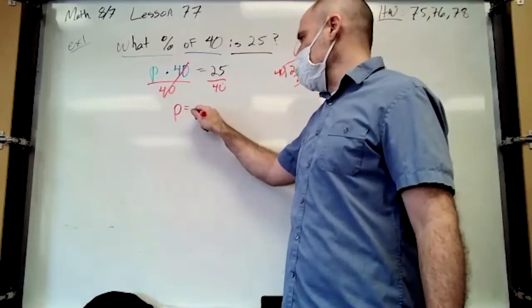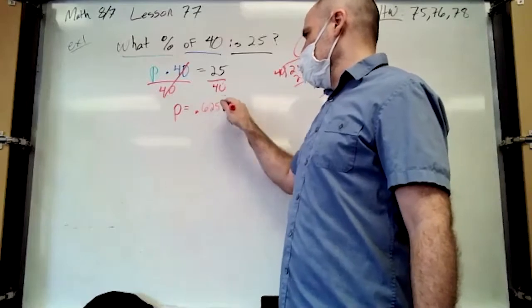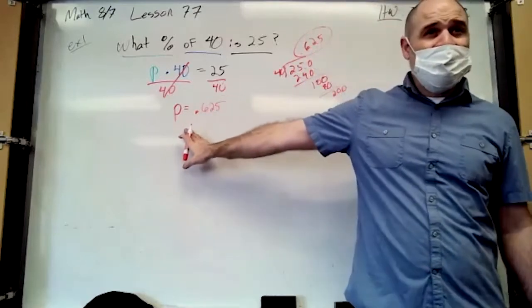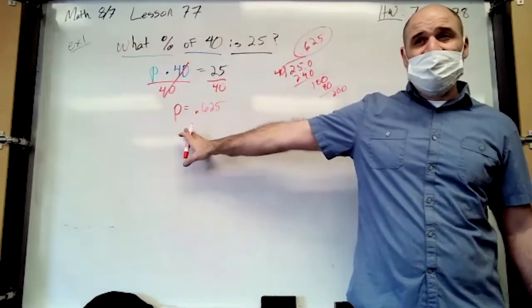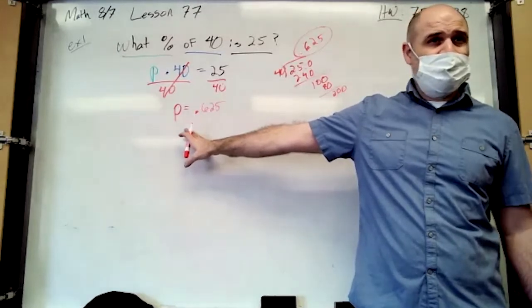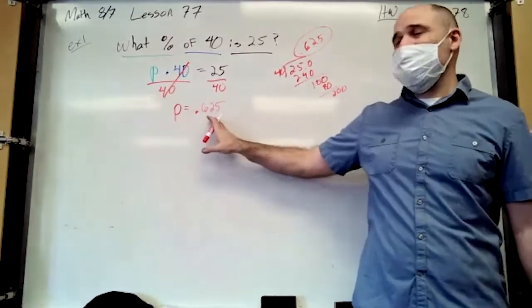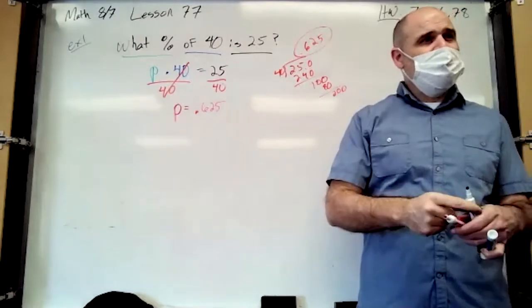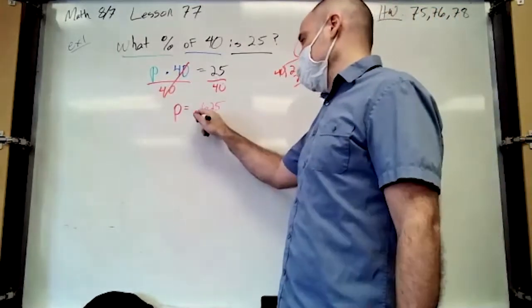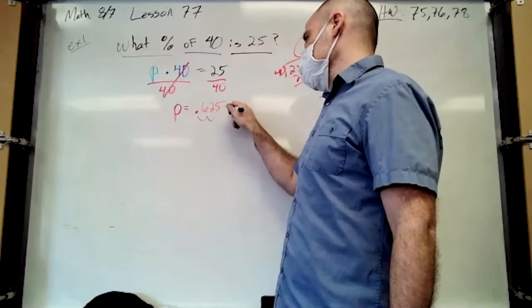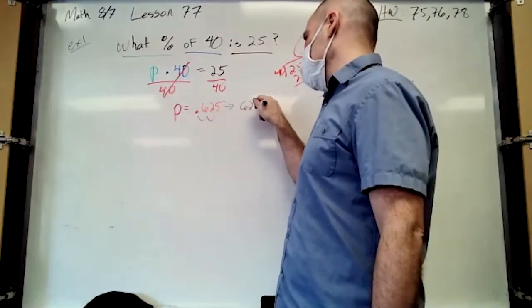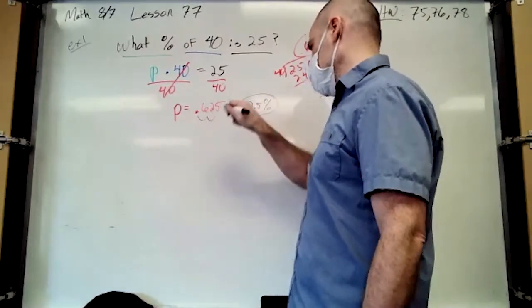So is that my answer? That P reminds me what kind of answer I want. What kind of answer do I want? Percent. So how do you change a decimal to a percent? You move the decimal over 2 places. So this is going to be 62.5%. You're done.